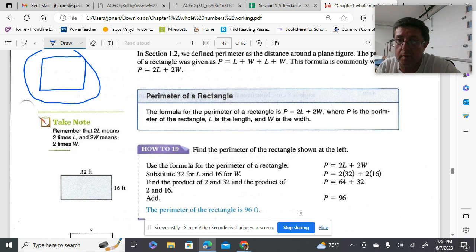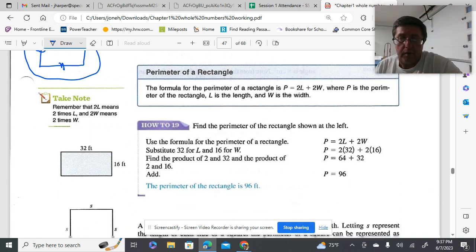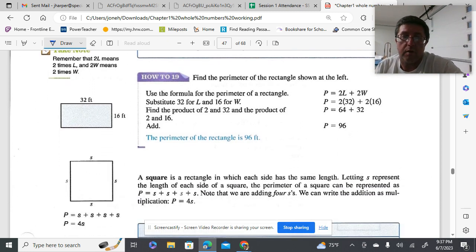P equals 2L plus 2W, which is 2 times the length and 2 times the width. So you have this length and this length, this width and this width. So that's 2 times.